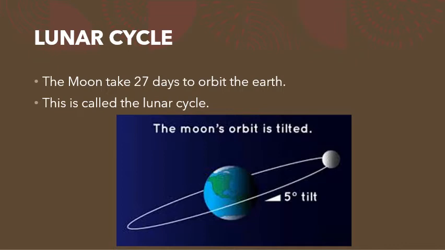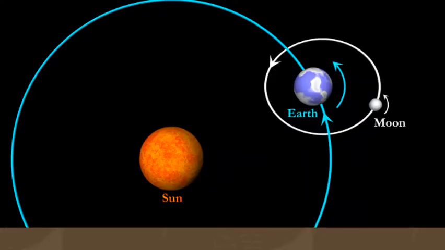What is moonlight? Moonlight is the sunlight that the moon surface reflects in the night. In the morning it gets charged, and in the night it reflects the light of the sun. Here you can see in the image how the moon also goes around the sun with the earth.